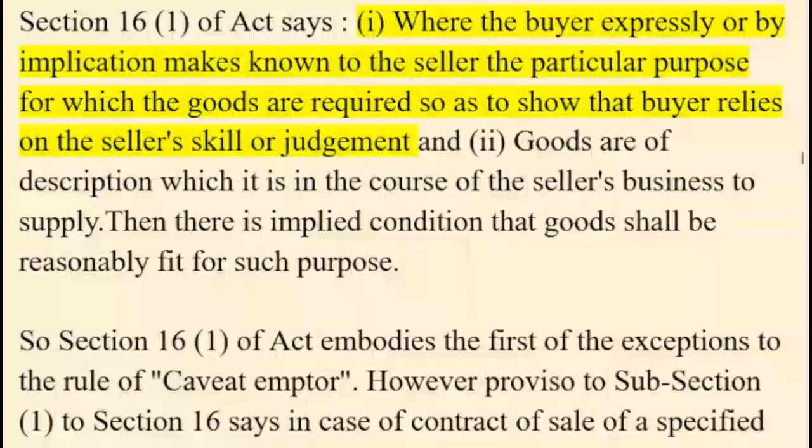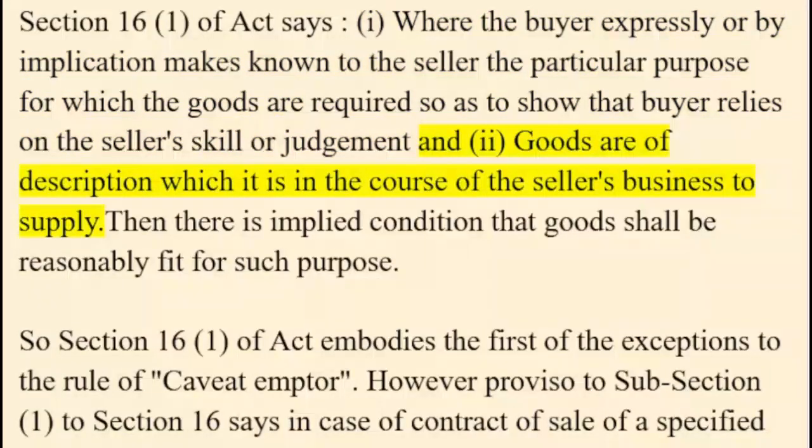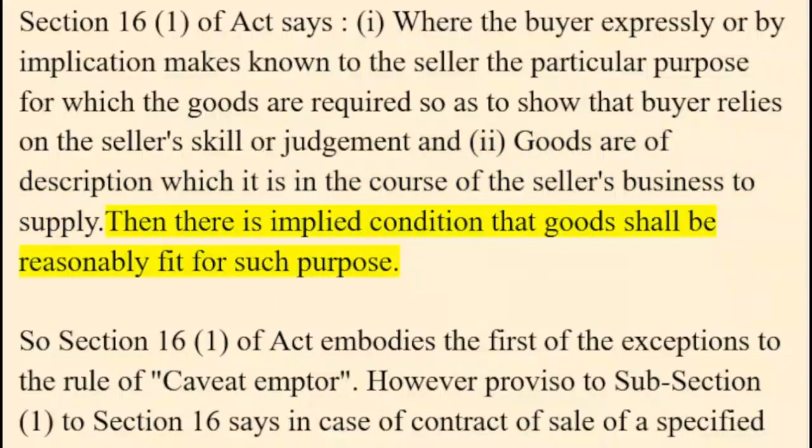Where the buyer expressly or by implication makes known to the seller the particular purpose for which the goods are required so as to show that the buyer relies on the seller's skill or judgment, and ii. the goods are of a description which it is in the course of the seller's business to supply, then there is an implied condition that the goods shall be reasonably fit for such purpose.